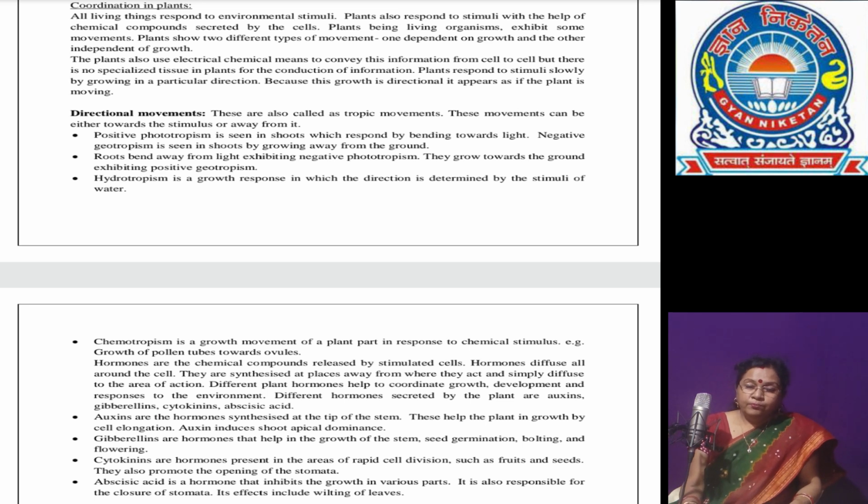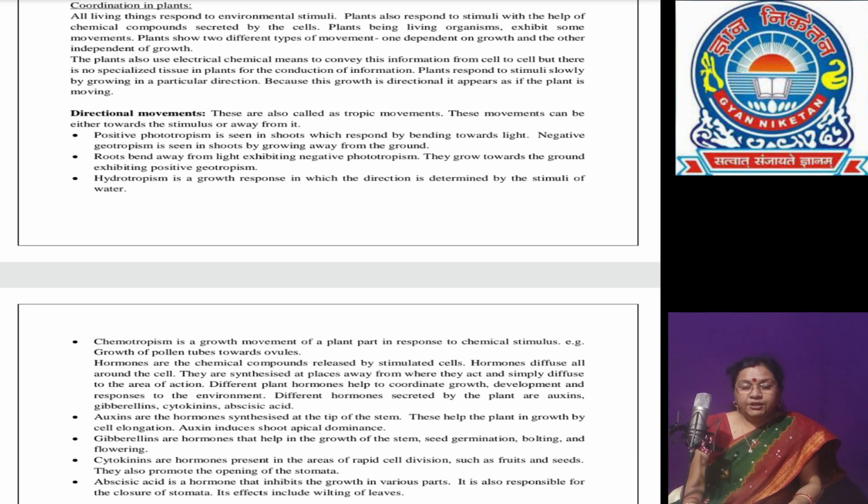So the hormones work synergistically as well as antagonistically. Auxins help in synergistic activity, whereas abscisic acid helps in antagonistic activities. The 5th hormone is the only gaseous hormone, that is the ethylene.